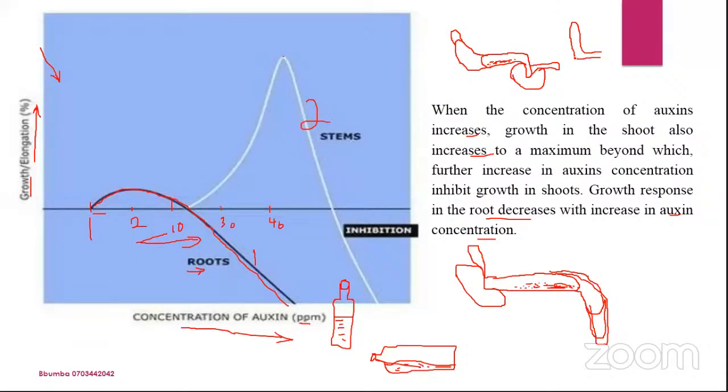Then the tip continues, producing more auxins. Since it's already looking up, we just continue growing up and up. Now more is produced from the tip.